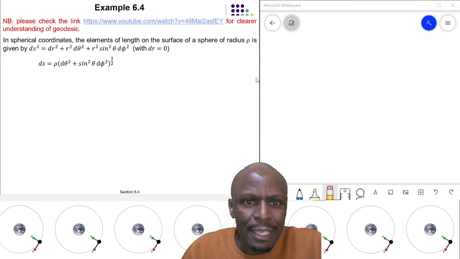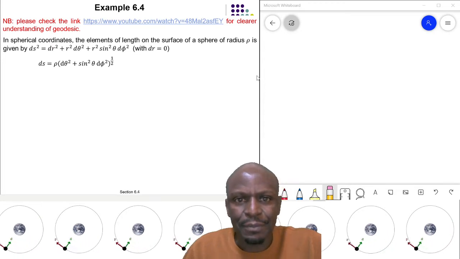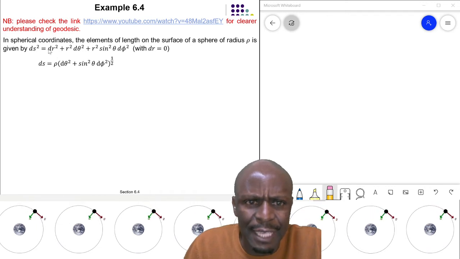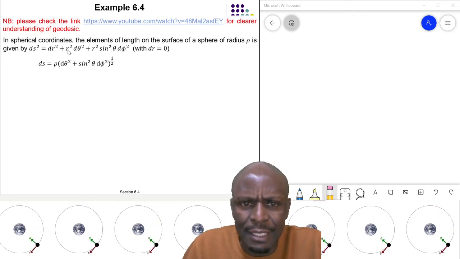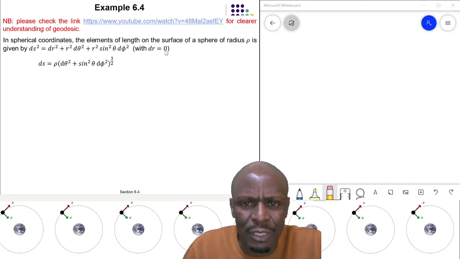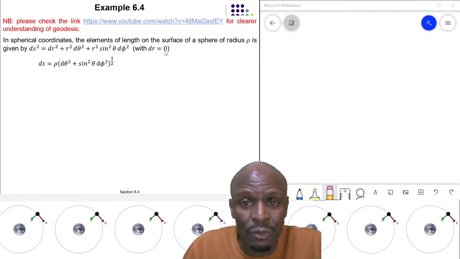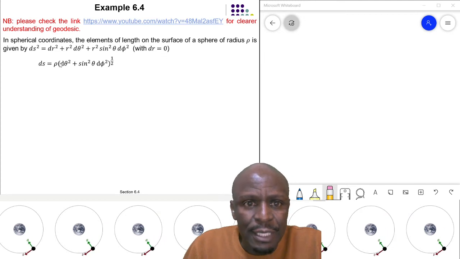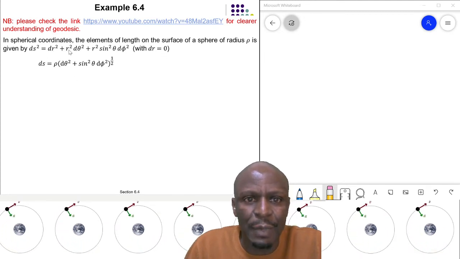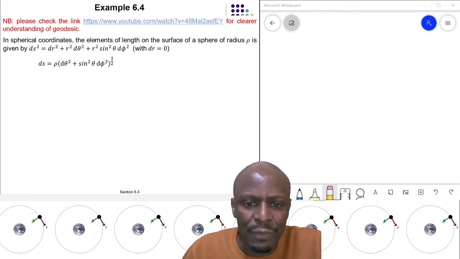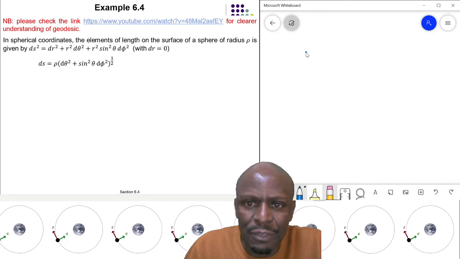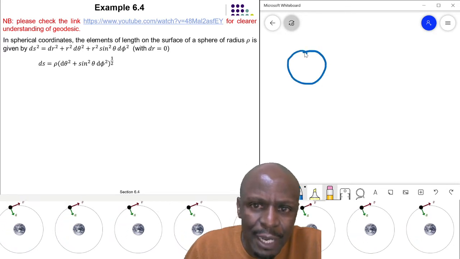Now in spherical coordinates, from the appendix of your books, this is what we have: ds squared is given by this for the sphere of radius r. But now with dr equal to 0, this term will just go, and then this r will just be a constant, because on the sphere we want the shortest distance along the surface.